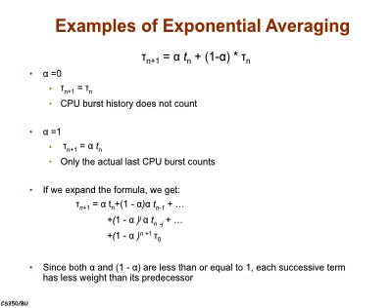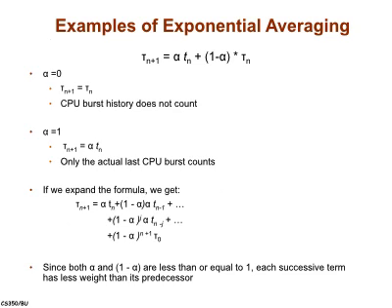So there's the exponential averaging formula again. Tau n plus 1, which is the next CPU burst, is equal to alpha times Tn, or alpha times the actual value of the previous CPU burst, plus 1 minus alpha times tau n, or 1 minus alpha times the predicted value of the previous CPU burst.